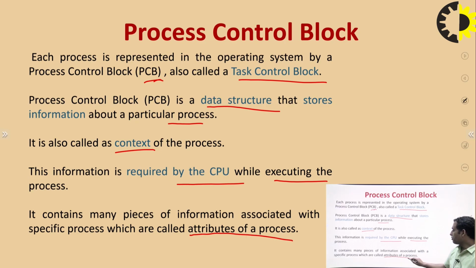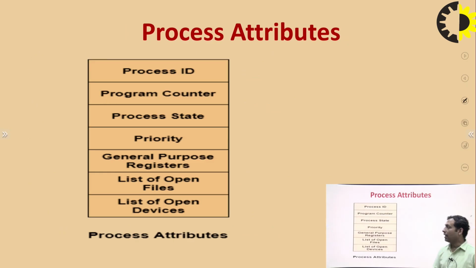Each process has its unique number, known as the process ID. Then the program counter, also known as PC. The program counter indicates the next instruction to be executed.